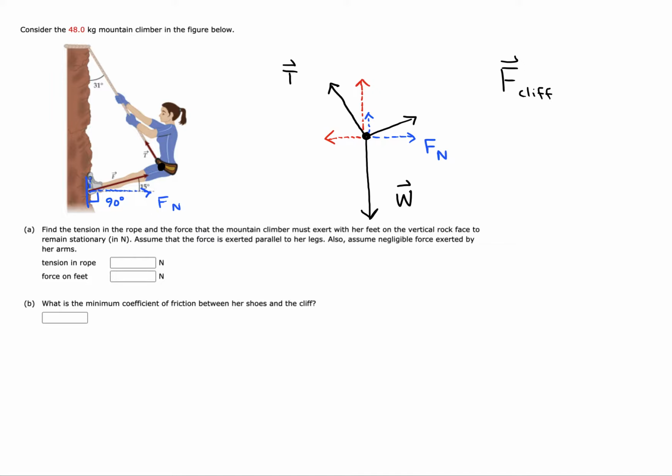And then there's also this force which goes parallel to the cliff. That's the little blue one. That would be a friction force, FF. But it's not just any type of friction. It's a special type called FS, for a force of static friction.